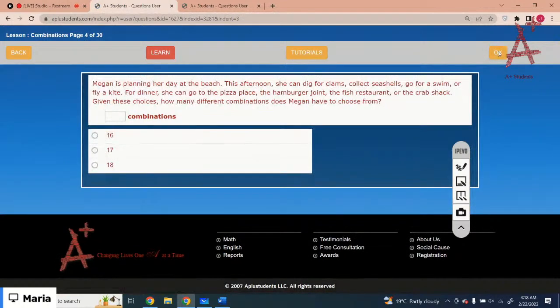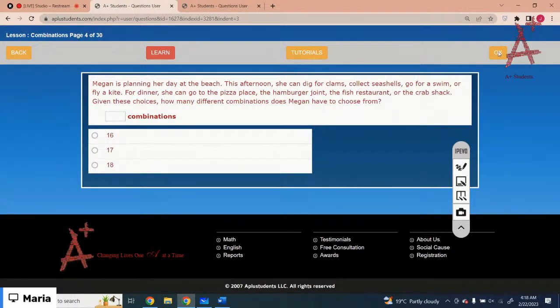Okay, the next one is Megan is planning her day at the beach. This afternoon, she can dig for clams, collect seashells, go for a swim, or fly a kite. So, one, two, three, four options. For dinner, she can go to a pizza place, hamburger joint, fish restaurant, or crab shack. 4 again.